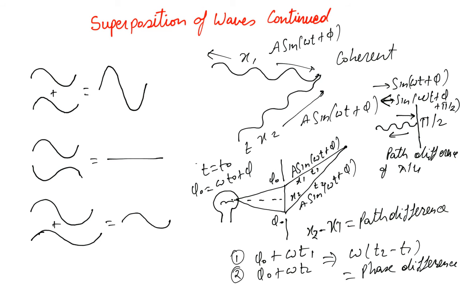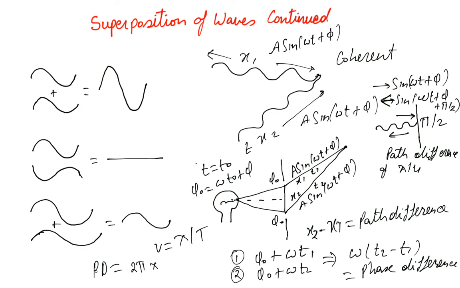Okay, this is phase difference, and you can actually relate these two very simply, because you know that the velocity of the wave is given as lambda over T. That is the velocity of the wave. So you will find that the phase difference, let's just call this PD, is nothing but 2 pi multiplied by the path difference.